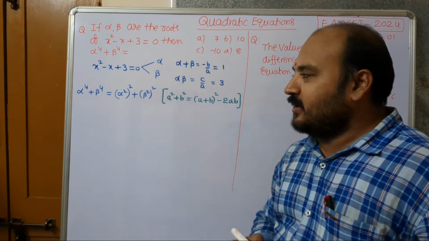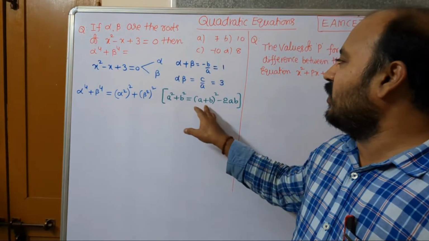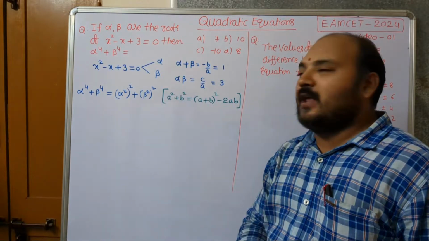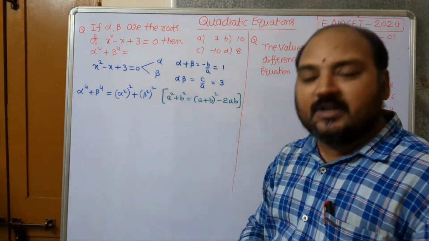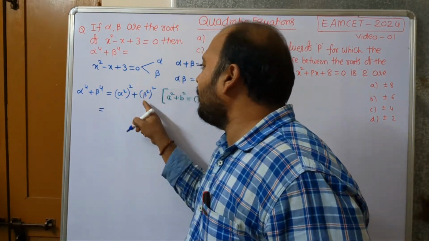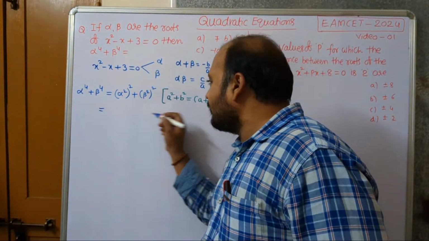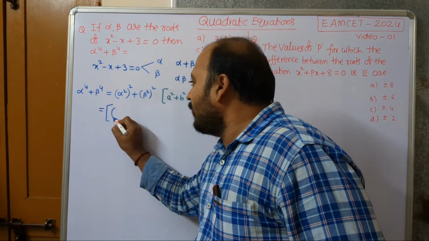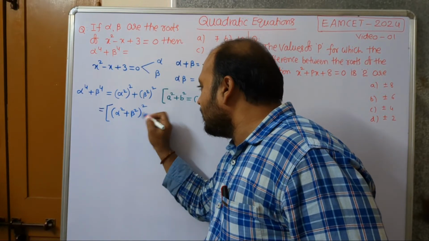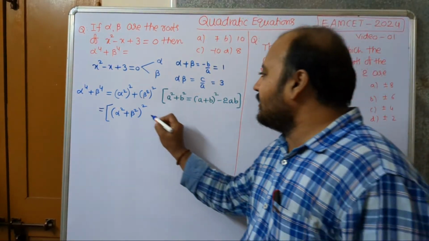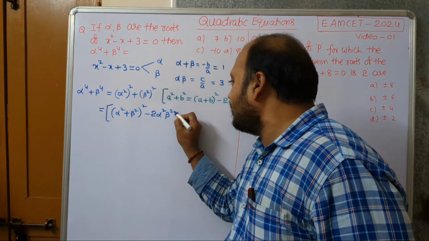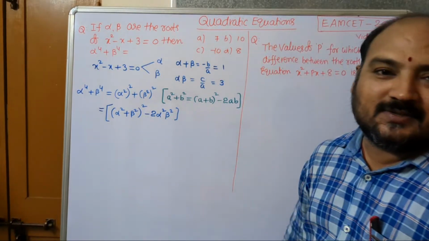I hope you understand. A plus b whole square, we can write as a square plus b square plus 2ab. You know that minus 2ab will bring this side, and a square plus b square they are expressing in that way. So here also alpha square whole square plus beta square whole square. So by using this one, alpha square plus beta square whole square, a plus b whole square completed, minus 2 into alpha square beta square. Just we applied this formula, dear students.